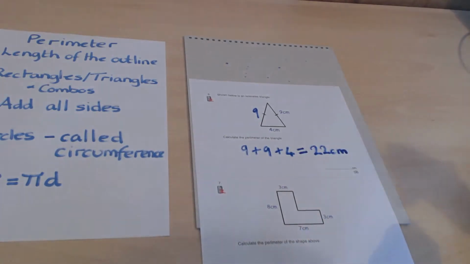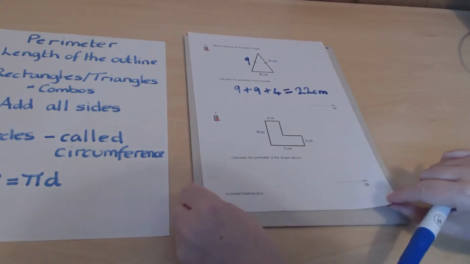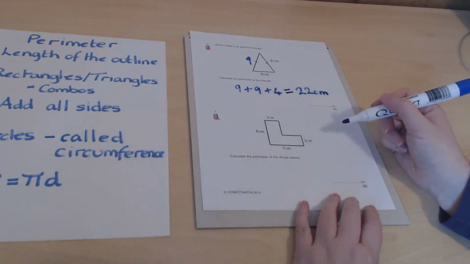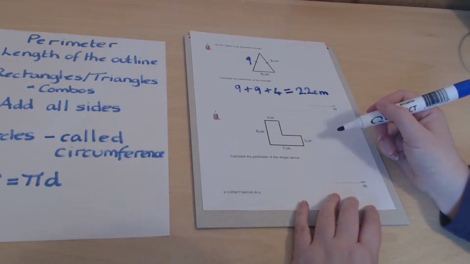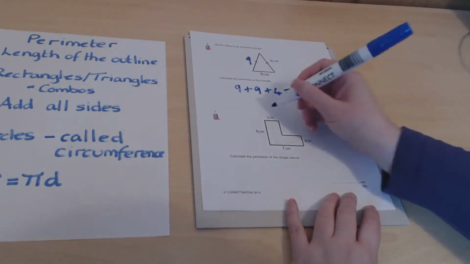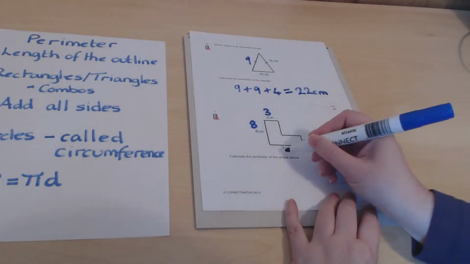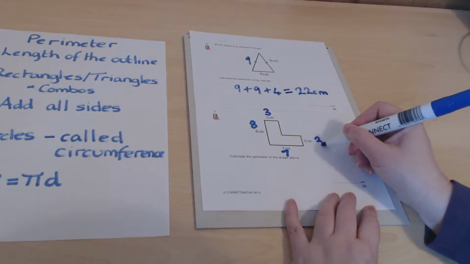Sorry, I'm just going to change the pen before we have a look at this next example. So here again we've got a shape made up of rectangles, and nearly all of the sides are labelled, but not all of them are. So this one up here is 3, this one is 8, this is 7, and this is 3.